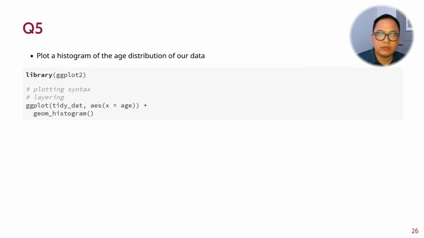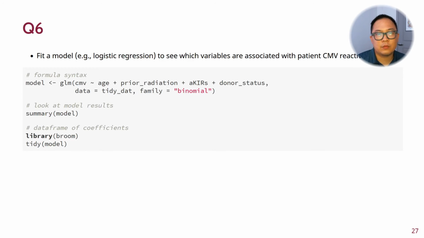Next, if we're trying to show them how to plot data, they need to know the plotting syntax, and specifically in ggplot2, how the layering syntax works. And not only that, they would have to know which plot pertains to the data that they're working with. Finally, when we ask them to fit a model, they have to know about the formula syntax, how to look at the results, and then how to pull out the results.